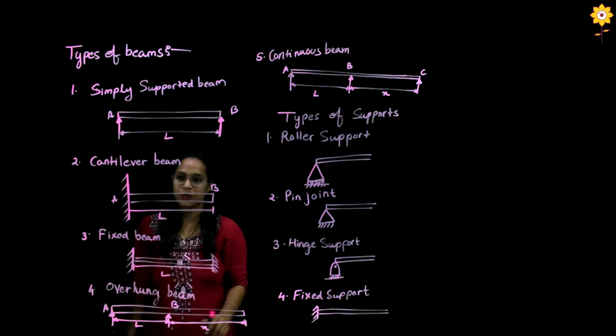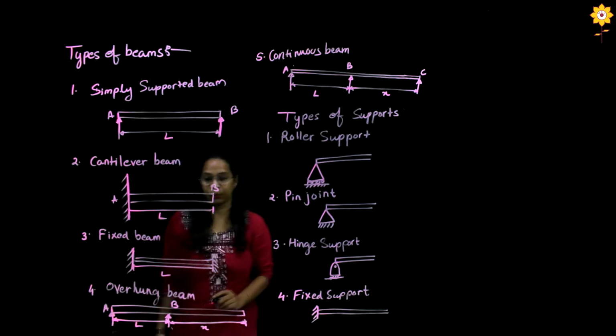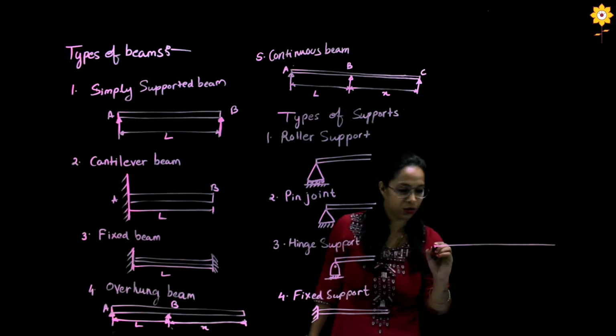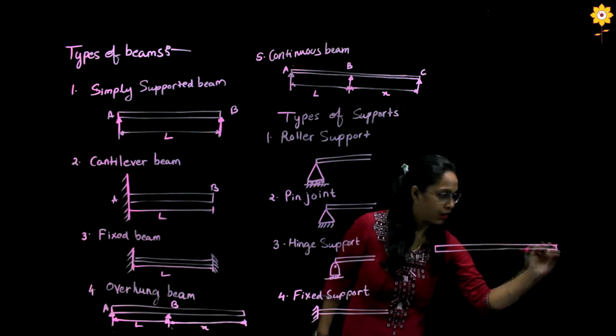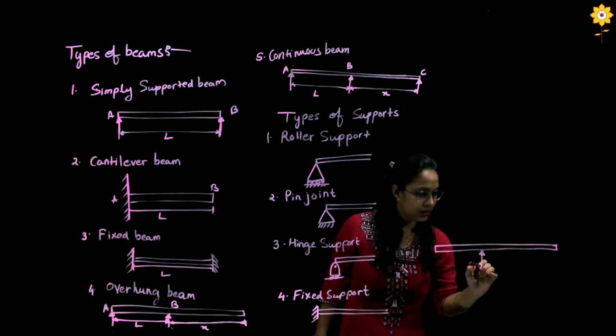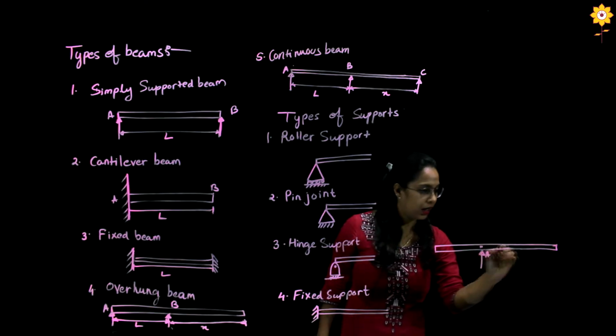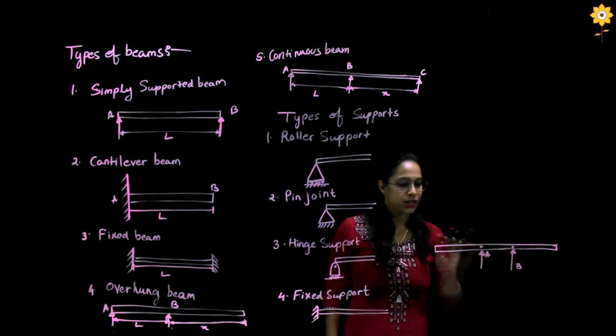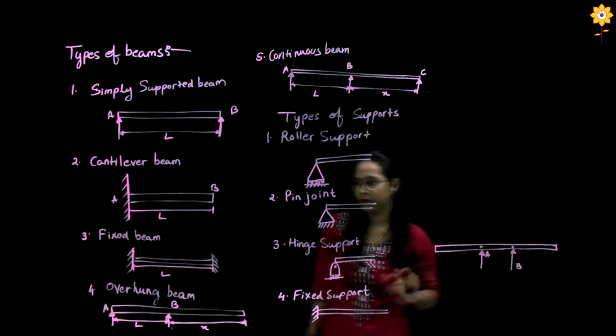These kinds of beams are called overhung beams. For overhung beams, we can also draw a structure like this: it is supported at this point, let's say A, and at this point, let's say B, and both the sides are overhung.